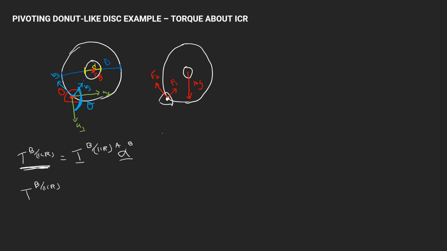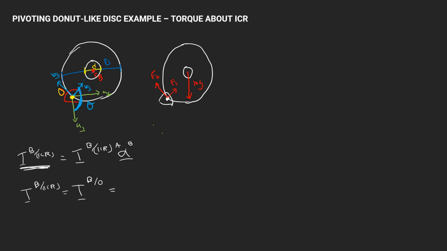Well, as I've mentioned, it's probably obvious at this point, that is going to be our point O. At this point here, the rigid body is not moving with respect to our inertial frame A. And so therefore it is the instantaneous center of rotation. The whole rigid body is moving about that point. That specific point doesn't move. So that means we're ultimately going to calculate the torque of the rigid body about point O.